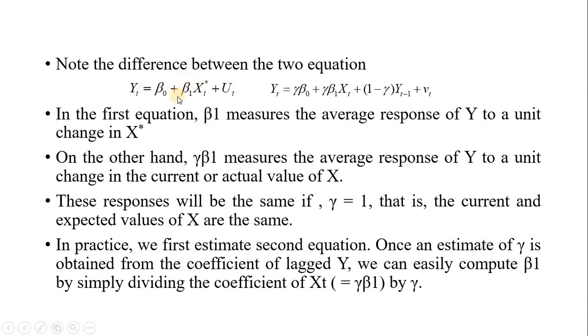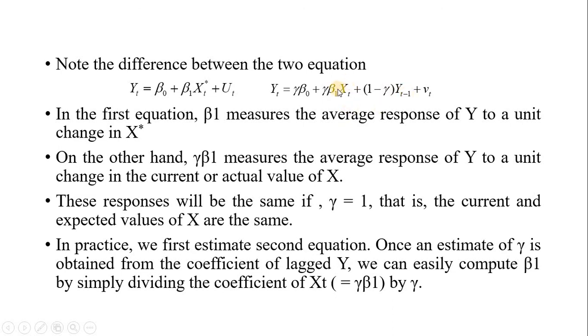Suppose you want to find out this value beta 1, you don't have values of x star t because x star t is not available. So what will you do? You will estimate the second equation, and here you have xt and yt minus 1, both values are available.